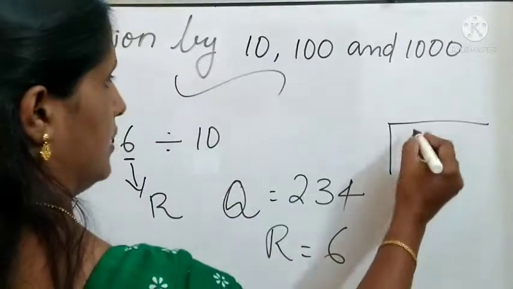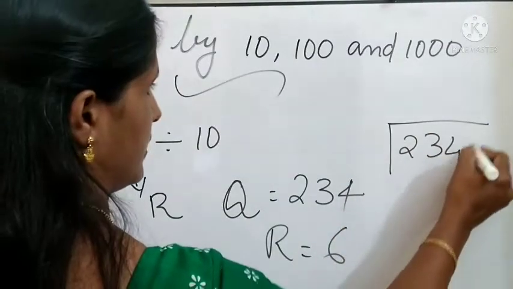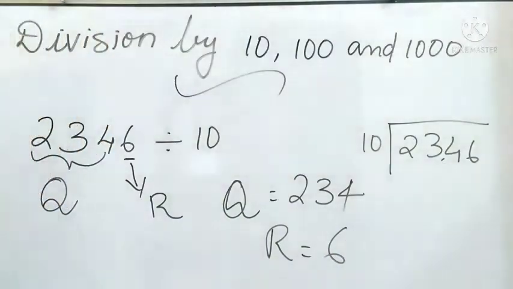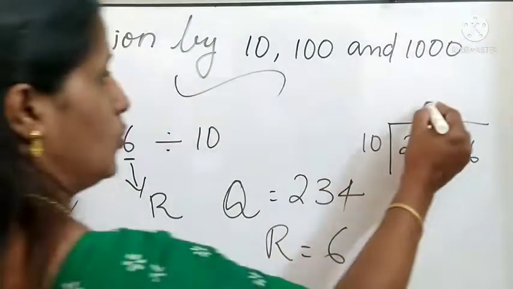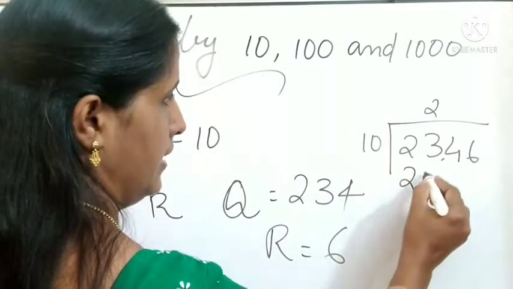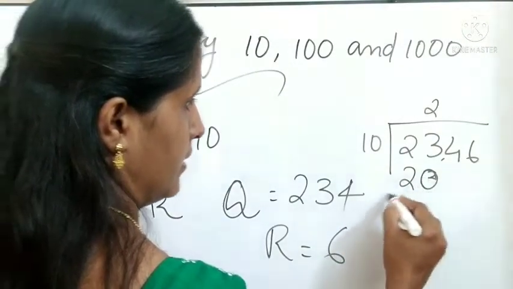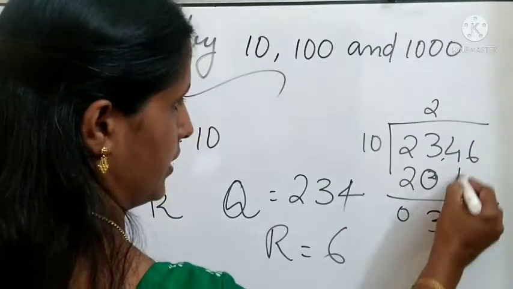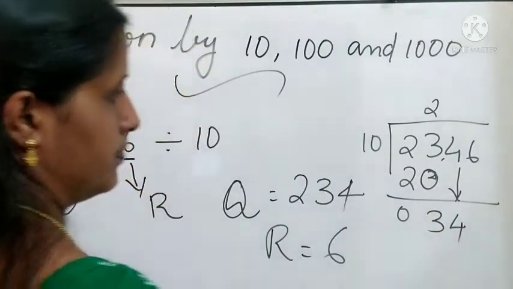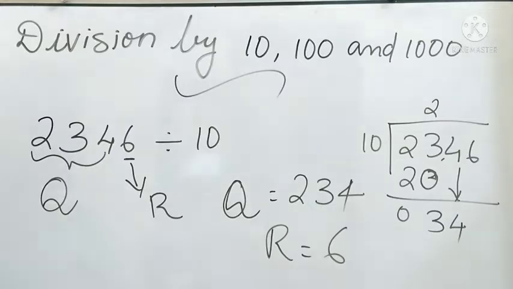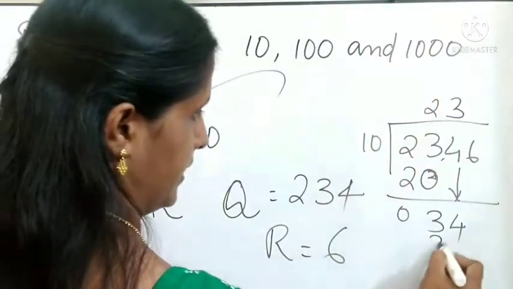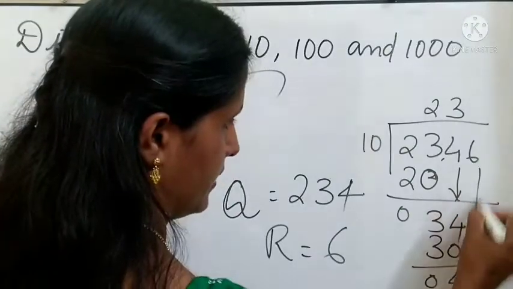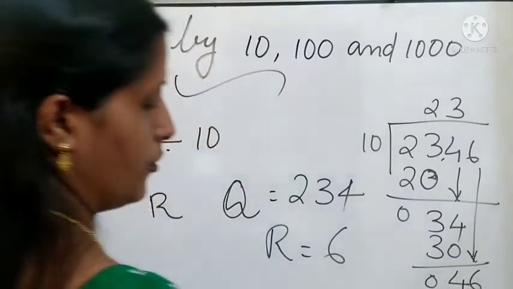So here, 2346 divided by 10. In 23, how many times 10? Yes, 2 times, 20. So 3 minus 0, 3, and 2 minus 2, 0. Next place 4. In 34, how many times 10? Yes, 3 times, 30. Remainder 4. 3 minus 3, 0. And then the next place 6. 46.